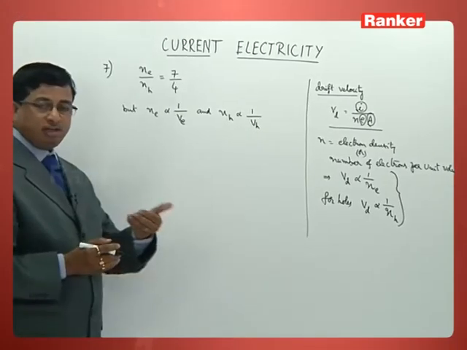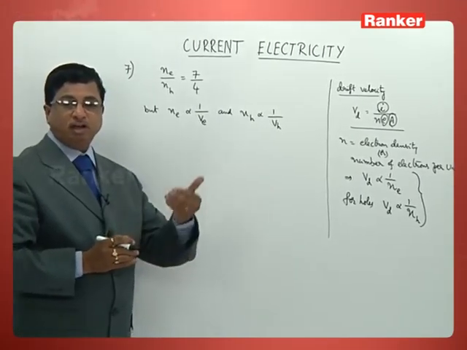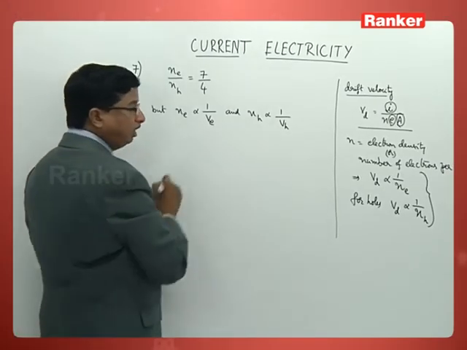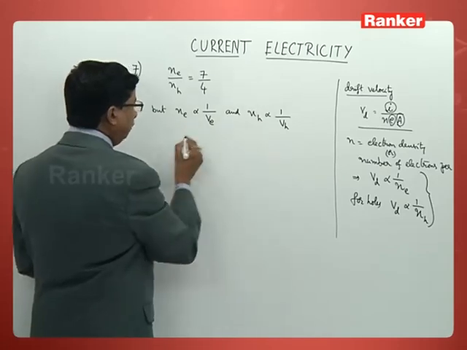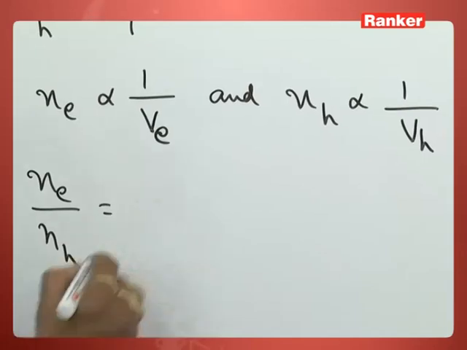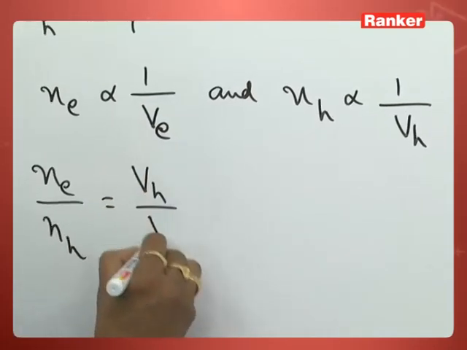So what is the question he is asking you? Their drift velocities, we want drift velocity of electron by drift velocity of hole. Come on, take these two equations. Ne by NH is equal to VH by VE.